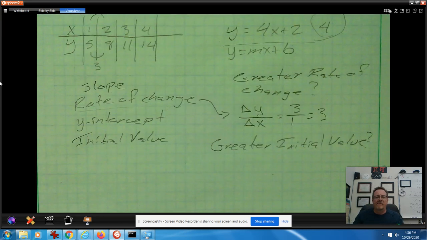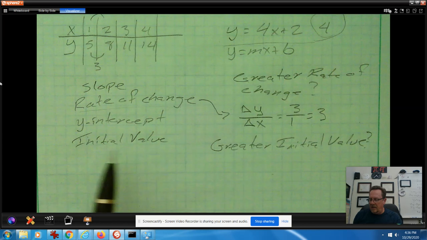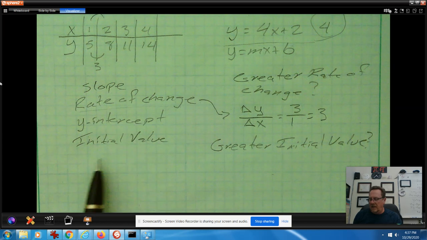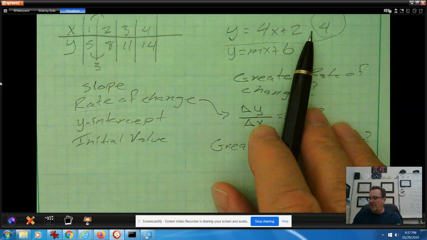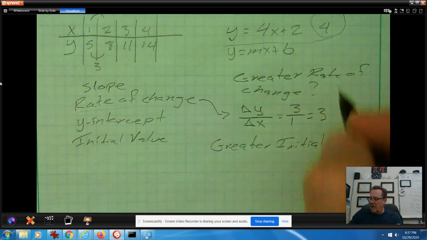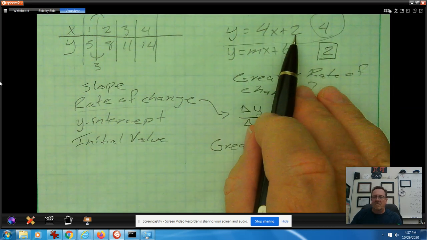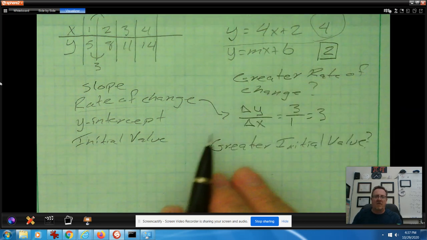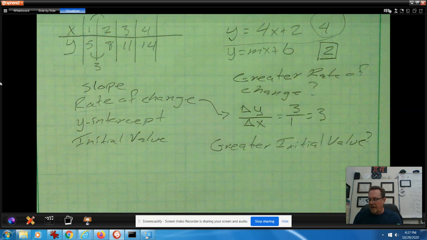Well, it's easy again to go back to our equation because we know b, our y-intercept, is the initial value. So looking at the equation, we can identify 2 as our initial value for this. 2 is our b, b is our y-intercept, our initial value. So the initial value for the equation is 2.